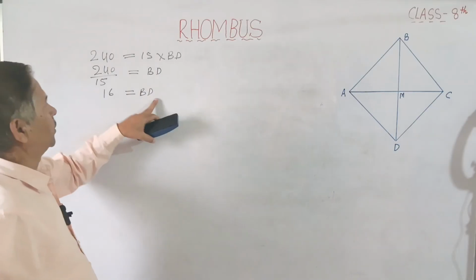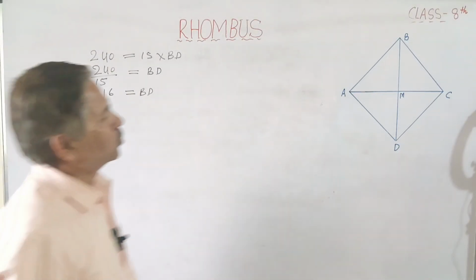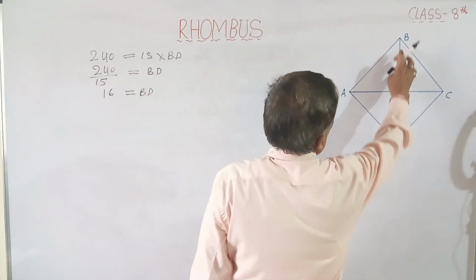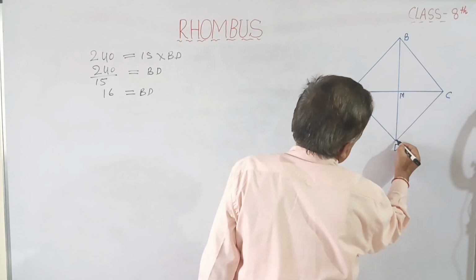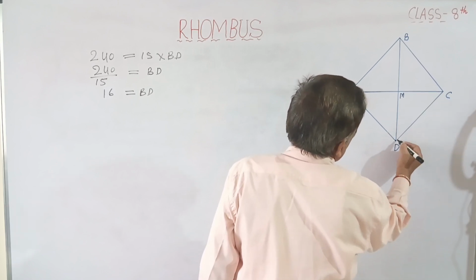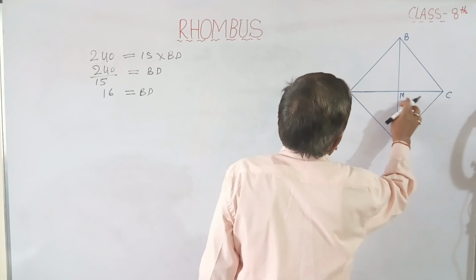So we have got 16 as BD. Now we know that the diagonals of a rhombus bisect each other, they intersect each other at 90 degree.